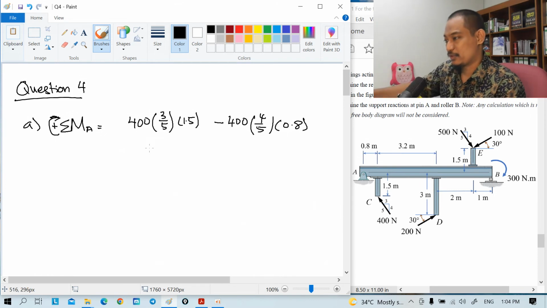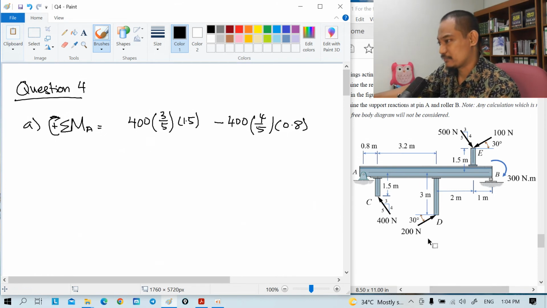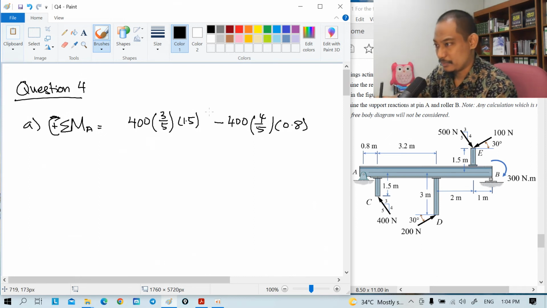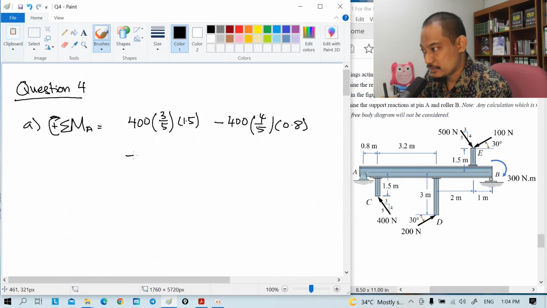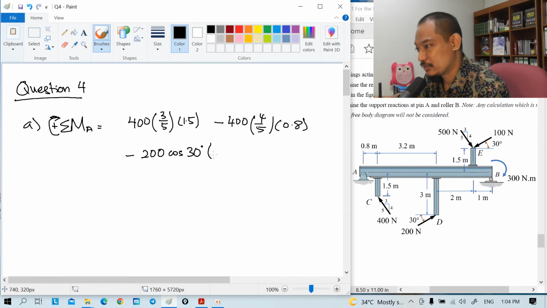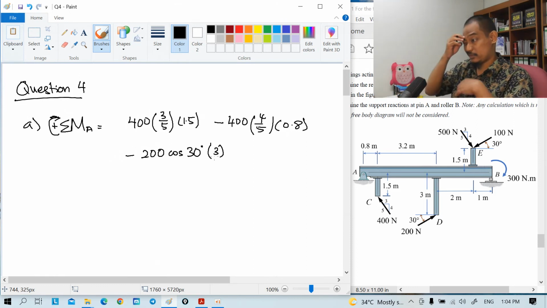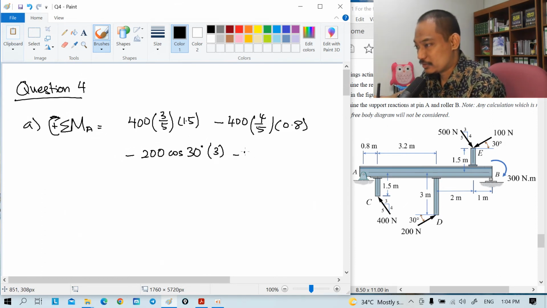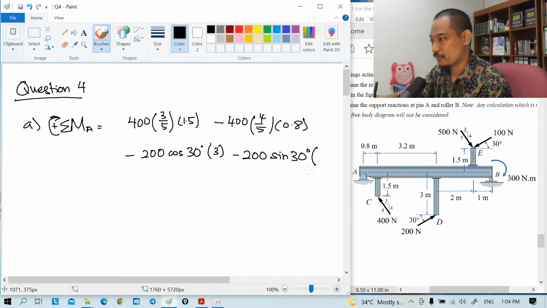Next, the 200 Newton force: the horizontal one is counterclockwise, so minus 200 cos 30 times 3. And the vertical one, minus 200 sine 30 degrees times 4.